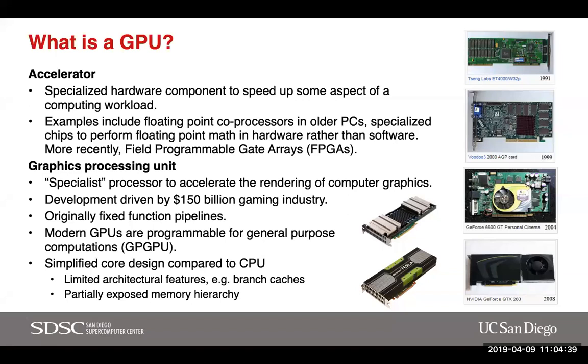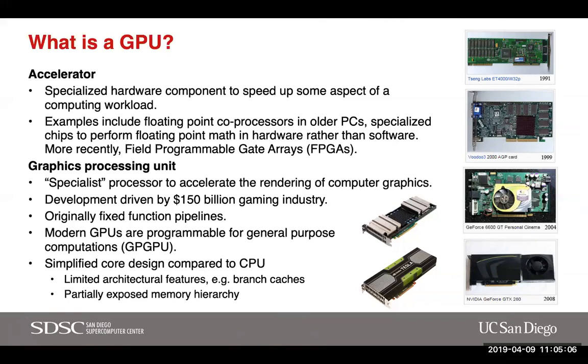A GPU is basically a specialized processor to accelerate the rendering of computer graphics. That development has been driven by a very big gaming industry. There's a lot of money involved, which explains some of the developments that have happened over the last decade. Originally, GPU hardware was using fixed function pipelines, so they were not easily programmable for general purpose.